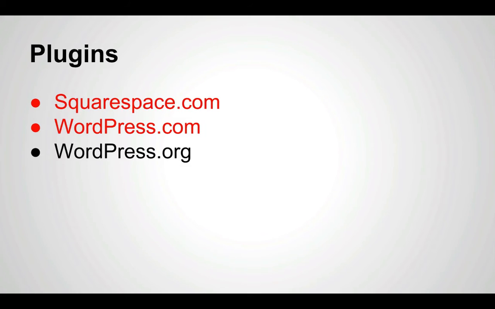Neither Squarespace.com nor WordPress.com has that feature, but that's not really a big problem if you are sure that you just need your blog for posting some textual content, and you will not need any extensions or whatnot. You just want to publish your content, and you're good to go. In any case, you may want to use either Squarespace.com or WordPress.com to just see if blogging is your thing.